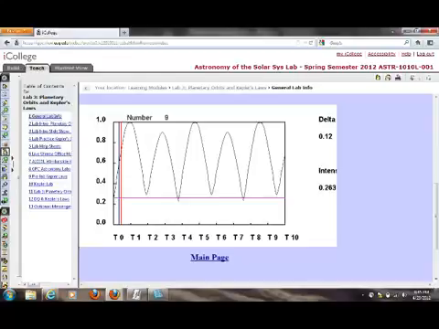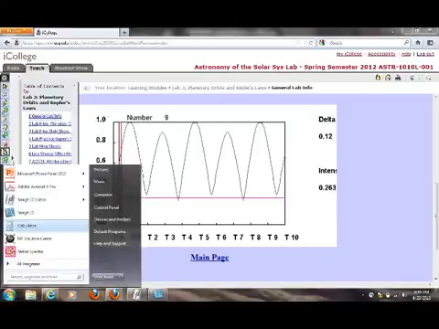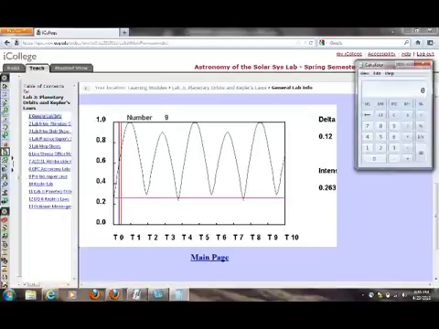I'm going to grab a sheet of paper and pull up a little calculator. So we calculate the maximum, which was 0.94, divided by the minimum, which was 0.263, and that gives us a ratio of 3.57.